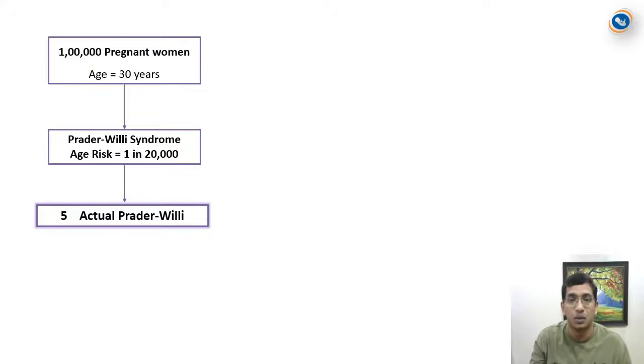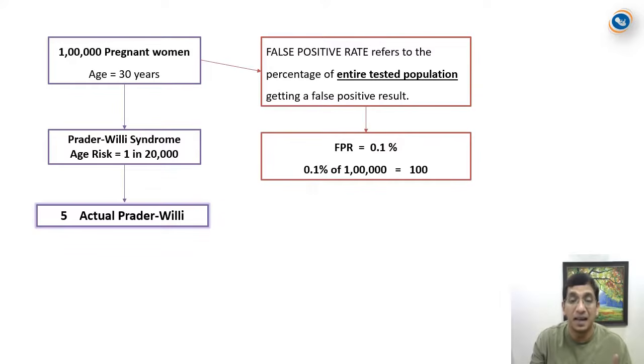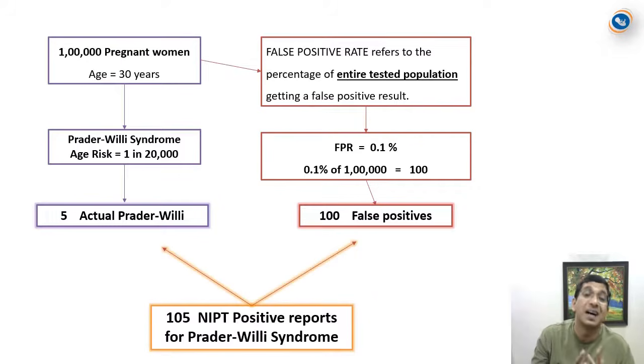Now, the false positive rate refers to the entire tested population, and for Prader-Willi syndrome it is 0.1%, which means you will have 100 false positives. So when you do NIPT for Prader-Willi syndrome, if you get 105 NIPT positive results, out of those 105, only 5 will be actually affected and 100 NIPTs will be wrong.